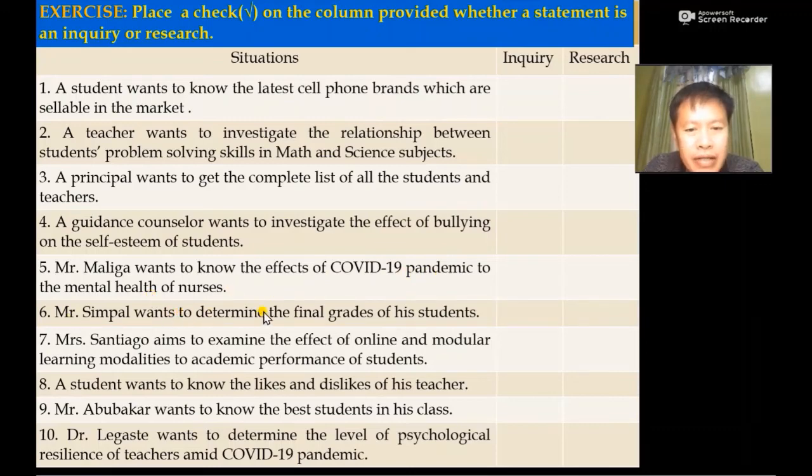Mr. Simple wants to determine the final grades of his students. Mrs. Santiago aims to examine the effect of online and modular learning modalities to academic performance of students. A student wants to know the likes and dislikes of his teacher. Mr. Abubakar wants to know the best students in this class. Dr. Ligasti wants to determine the level of psychological resilience of teachers amid COVID-19 pandemic.